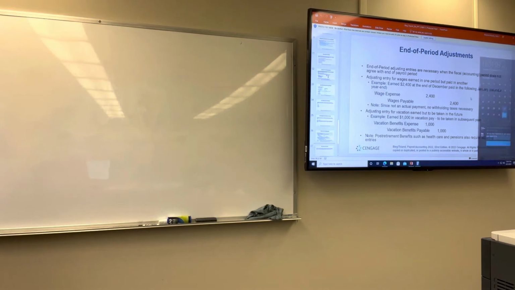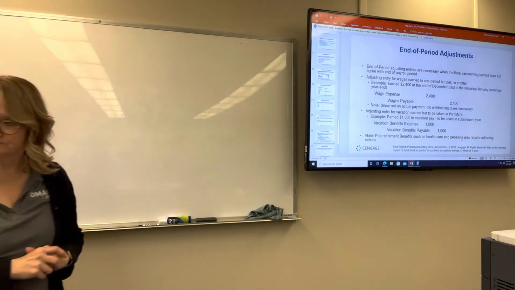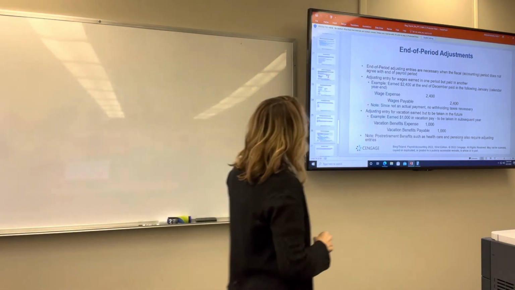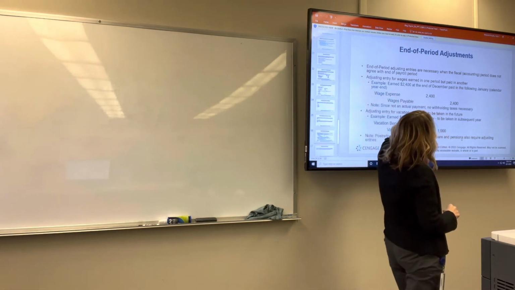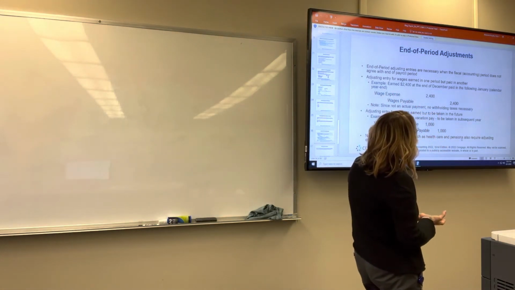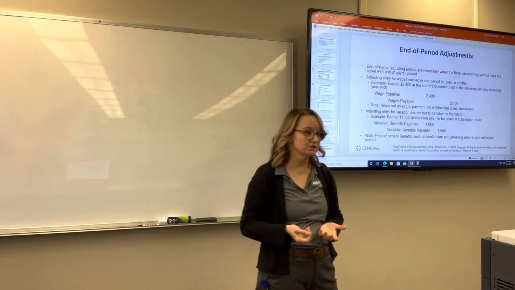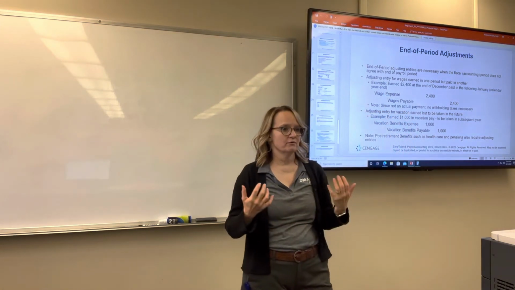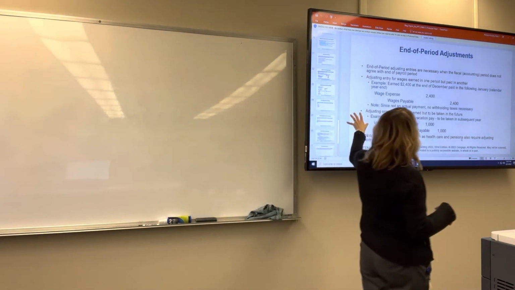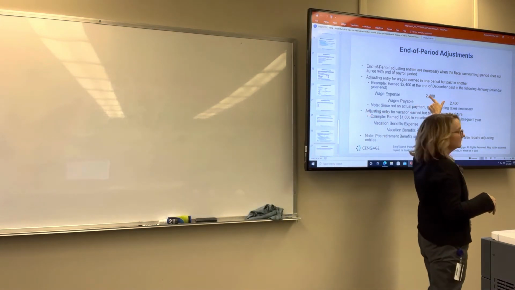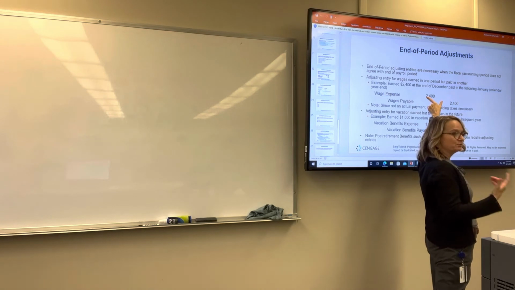So here's an example. If employees earned $2,400 at the end of December, but they're not paid until January. Now, for W-2 purposes, we're not going to include these amounts in employee wages.